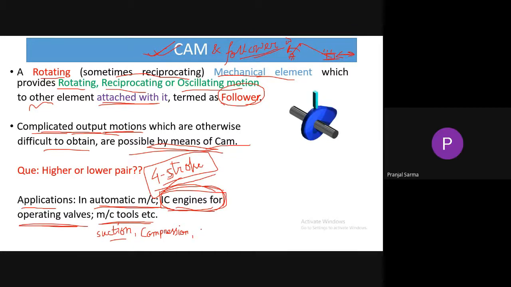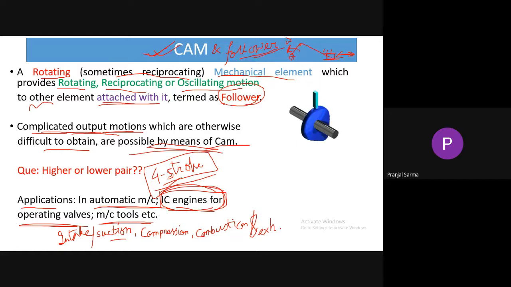Okay, intake or suction, same thing. So: suction, compression, then combustion, or the working stroke. That itself is known as the power stroke or working stroke, right? And exhaust. Yes. So these are the four strokes.